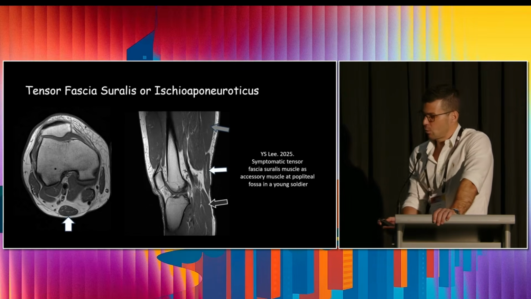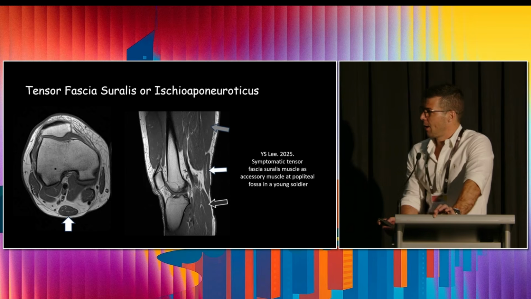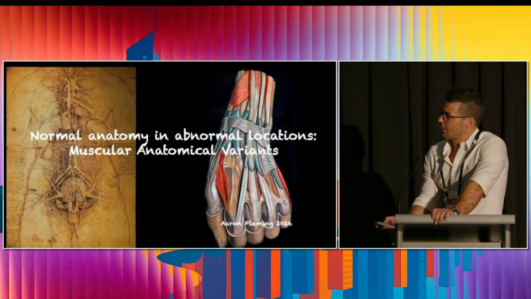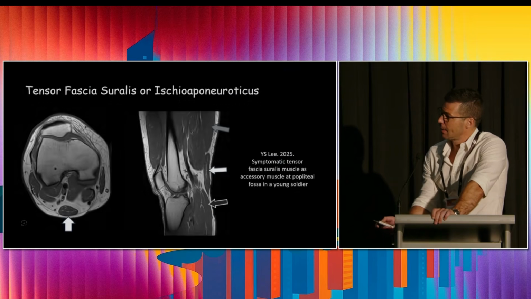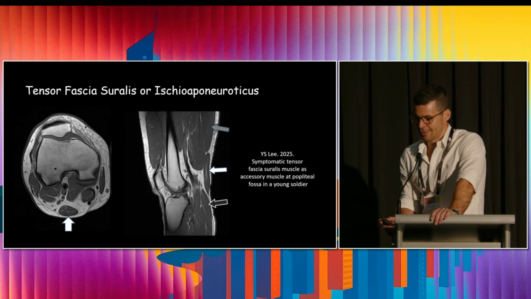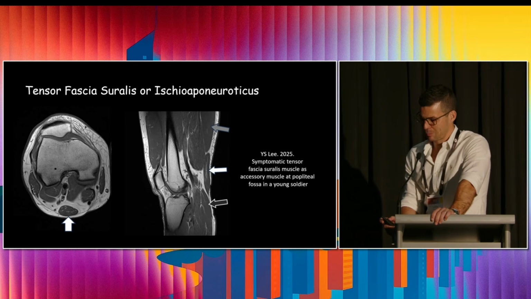And the other one I'd love to get is the tensor fascia suralis, or get this for a name, the ischio-aponeuroticus, a muscle that originates from the hamstring and goes down onto the calf. Could you imagine the look on the radiologist's face that reads your worksheet that says note is made of an ischio-aponeuroticus? That would be fantastic.